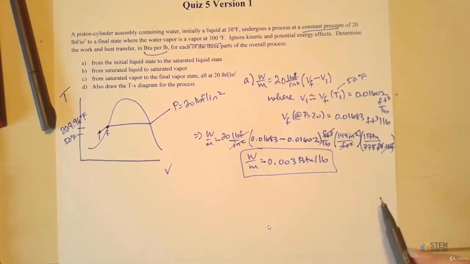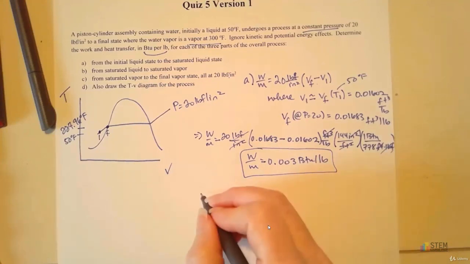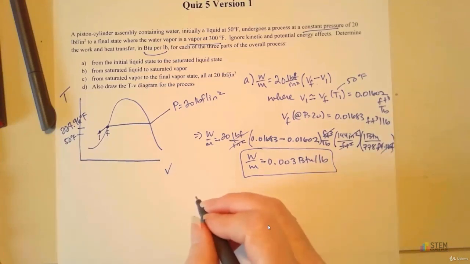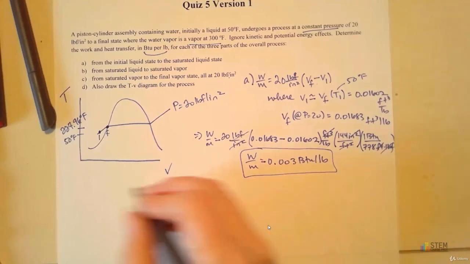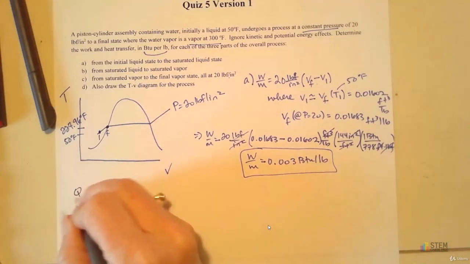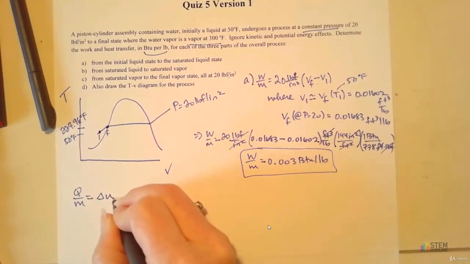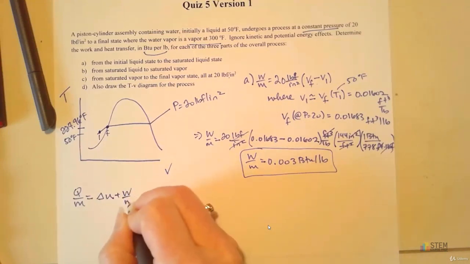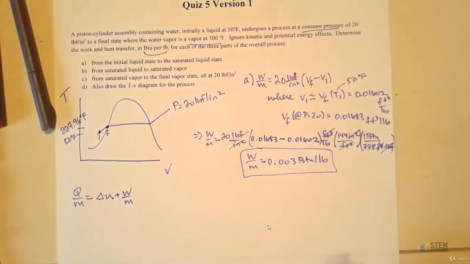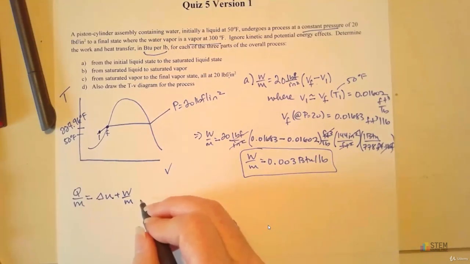All right, now we've got to find Q over m because we want the heat transfer term. For this one, you're going to use that energy balance equation again. So if you look at that, you're going to have Q over m. That's going to equal delta specific internal energy plus work per mass. This is just reorganized here.